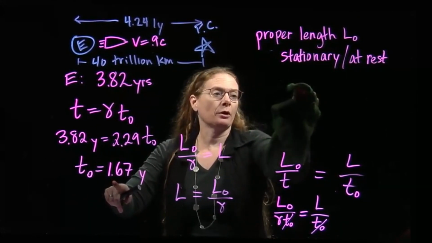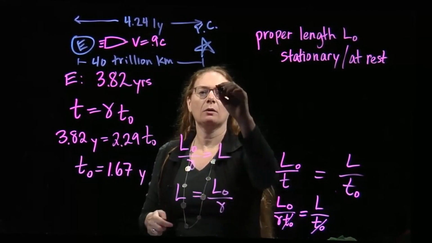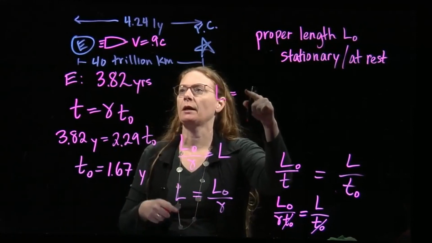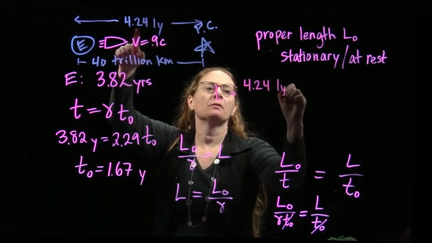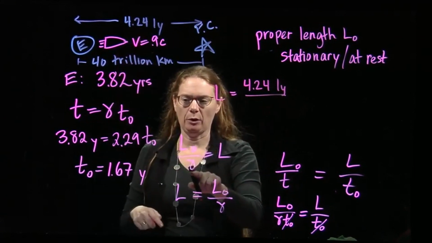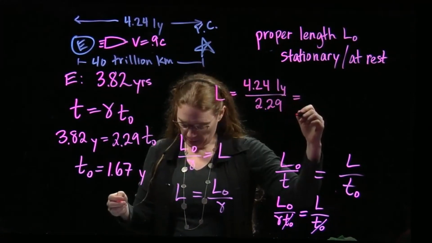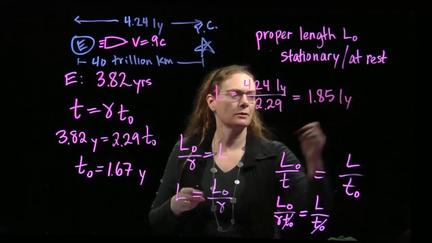It must be a lot shorter then if we're going to make this work. So the length for the person in the rocket ship is the actual length, 4.24 light years, over gamma, which was 2.29. And if you calculate that, you get 1.85 light years.